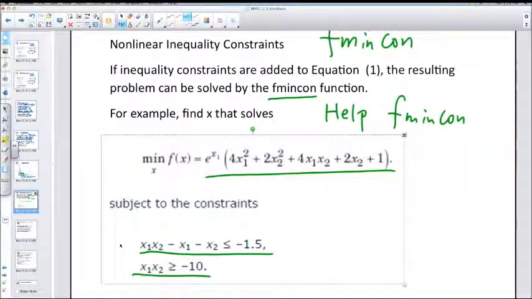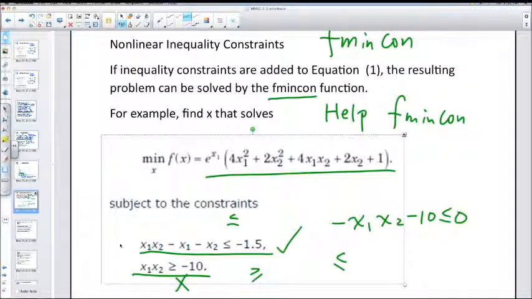To use the command, less or equal is good, but bigger or equal is not good. You cannot be bigger or equal. Do you remember the simplex method? You cannot make this bigger or equal either. You need to always write into less than. But that's no big deal. You just need to move things over: x1 minus x2 minus 10 less than 0, same thing.